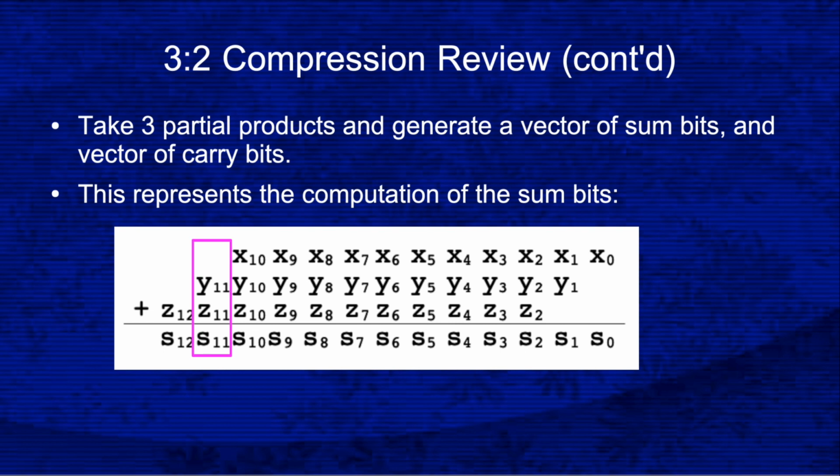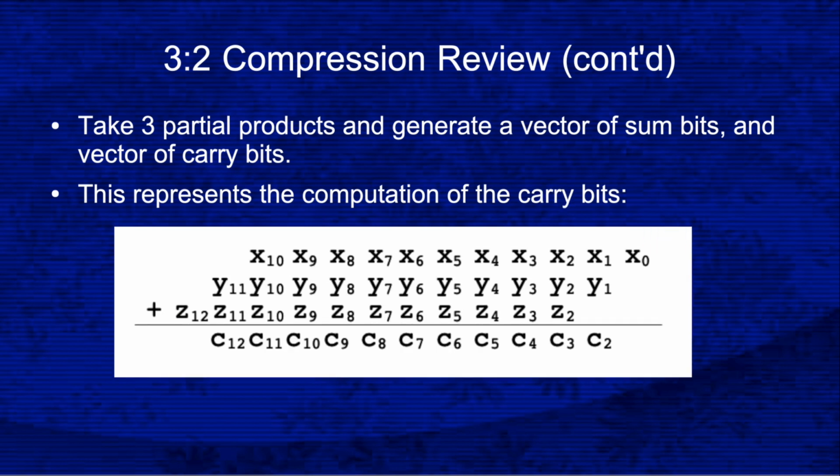This mirrors the computation of bit S1, where we have only bits X1 and Y1, and we could treat bit Z1 as 0. Finally, we simply copy bit Z12 into bit S12. Again, this mirrors how we computed bit S0.